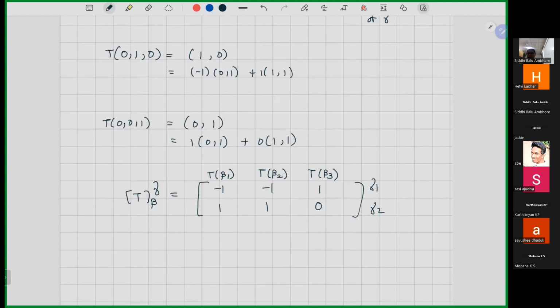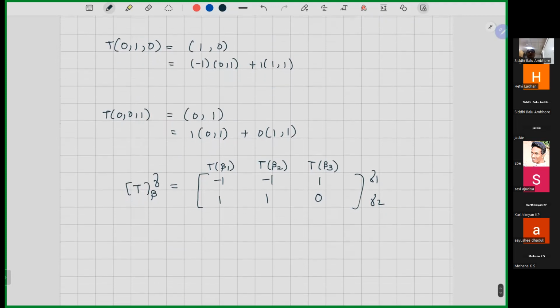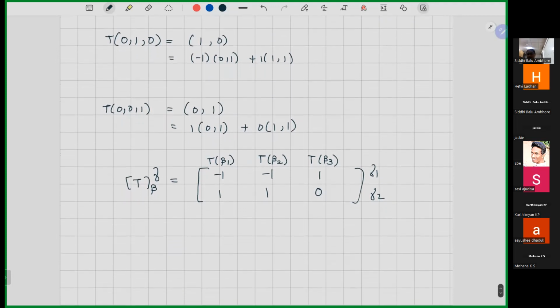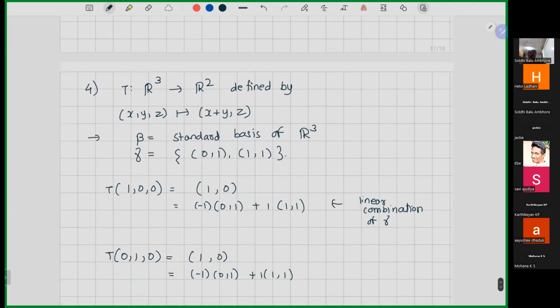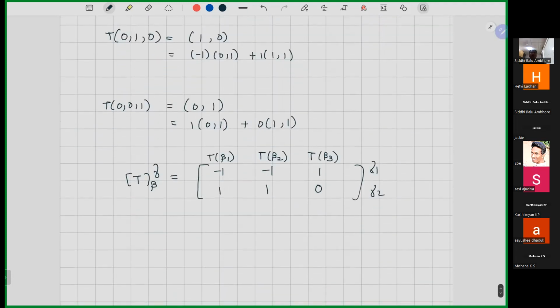Any doubt here? And what is the rank of this matrix? Anyone would like to guess? 2. Jackie said that the rank of this matrix is 2. And if you calculate this linear transformation and obtain the rank by the rank nullity theorem, it will again be 2.